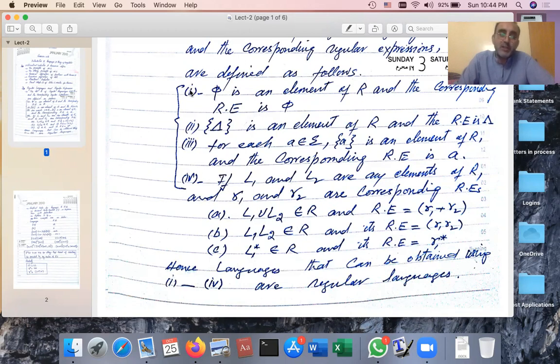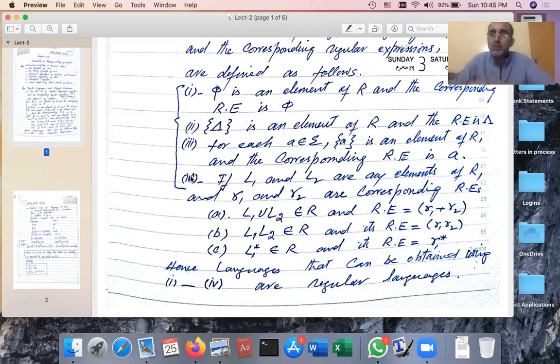So now I can say that the languages that I will get by using these four conditions from 1 to 4, and the strings that I will produce for that language using 1, 2, 3, and 4, if all the conditions are met, then I can say that language is a regular language.